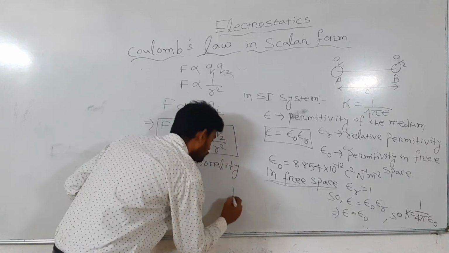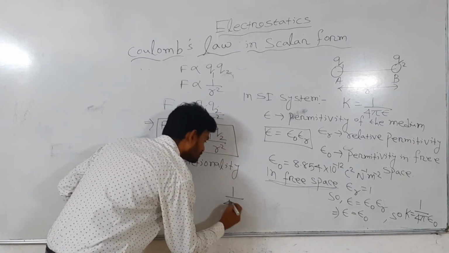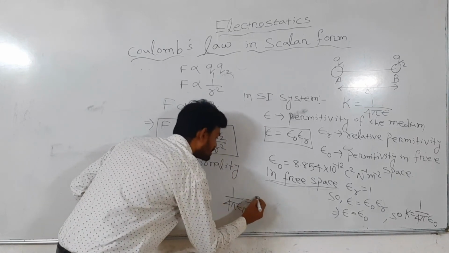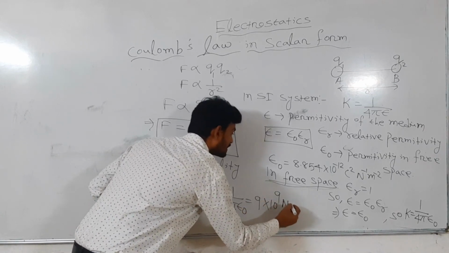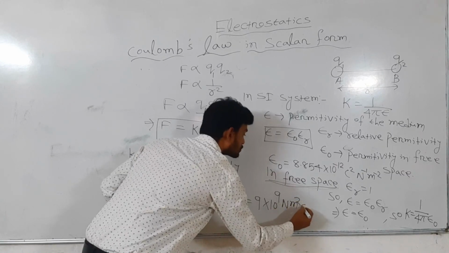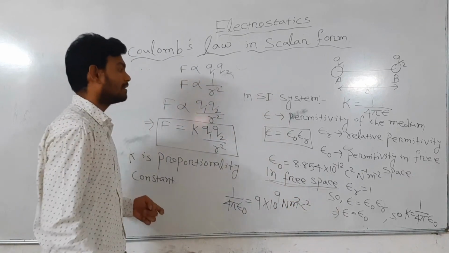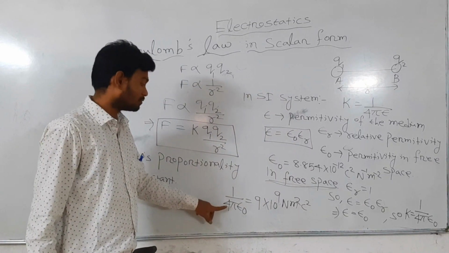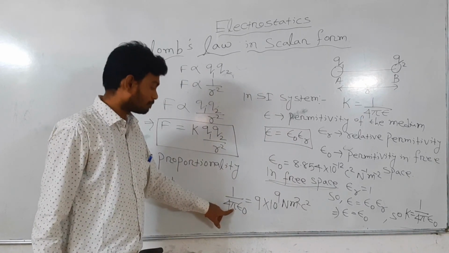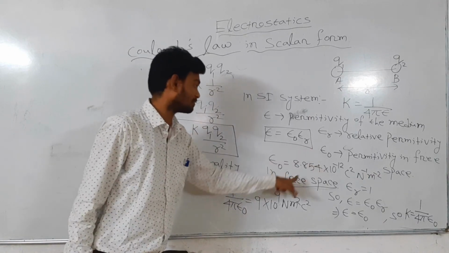It is equal to 9 into 10 to the power 9 Newton meter square per Coulomb square. When you divide 1 by 4 pi and epsilon 0, what is the value of epsilon 0?